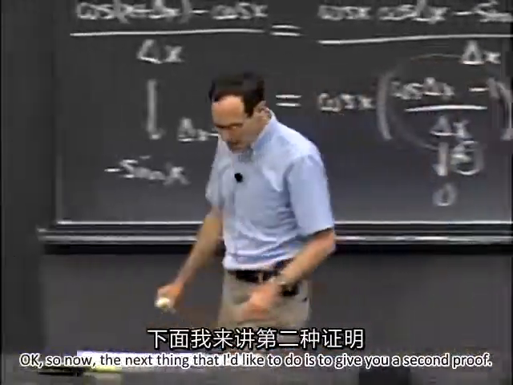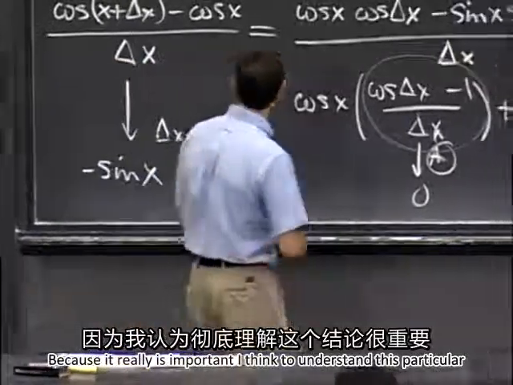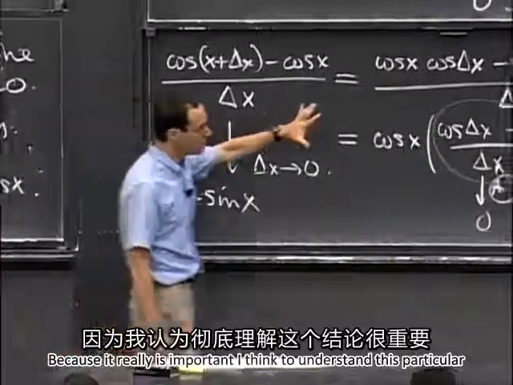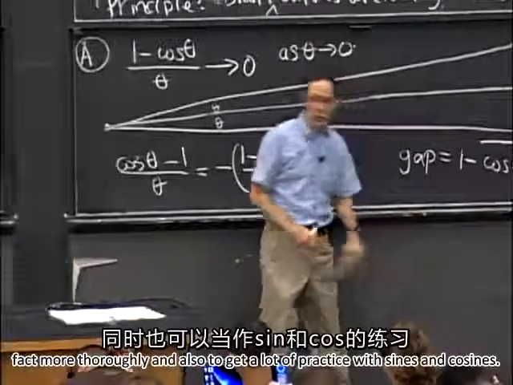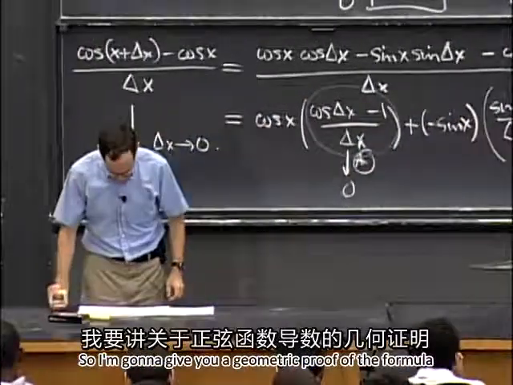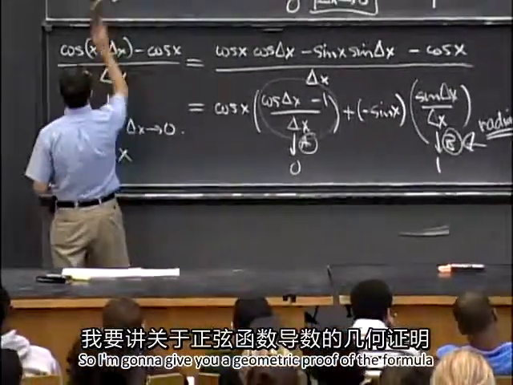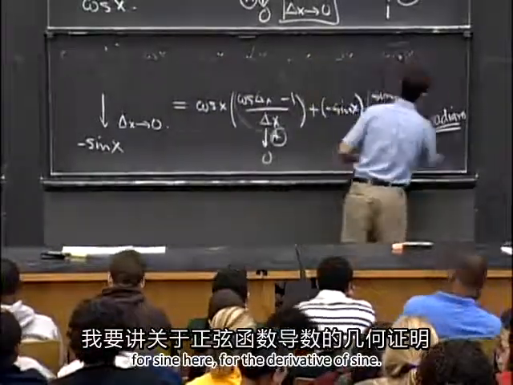the next thing that I'd like to do is to give you a second proof, because it really is important, I think, to understand this particular fact more thoroughly, and also to get a lot of practice with sines and cosines. So I'm going to give you a geometric proof of the formula for the derivative of sine.